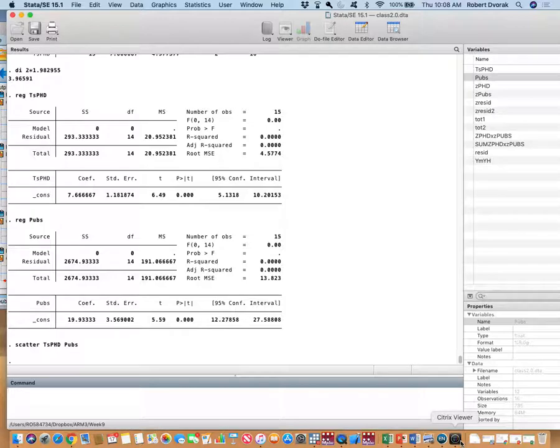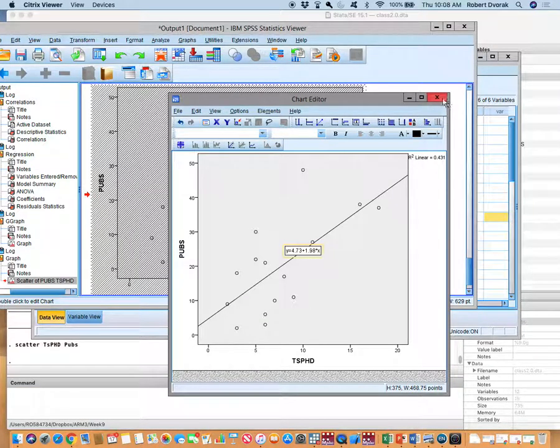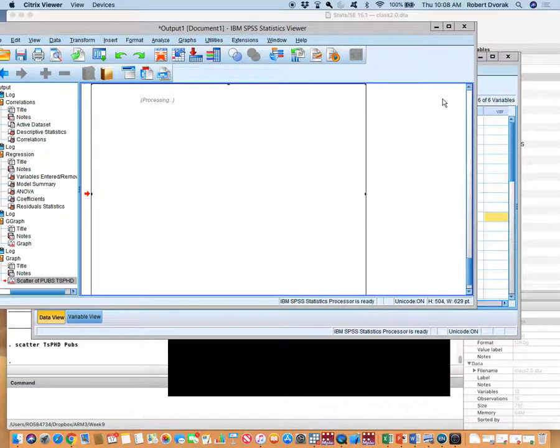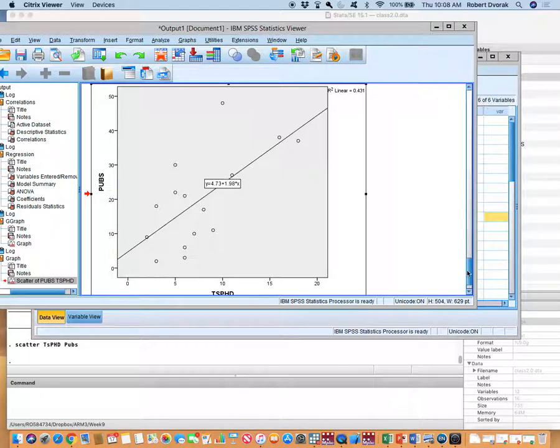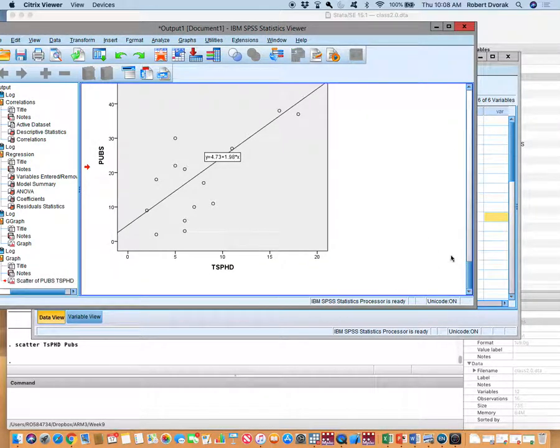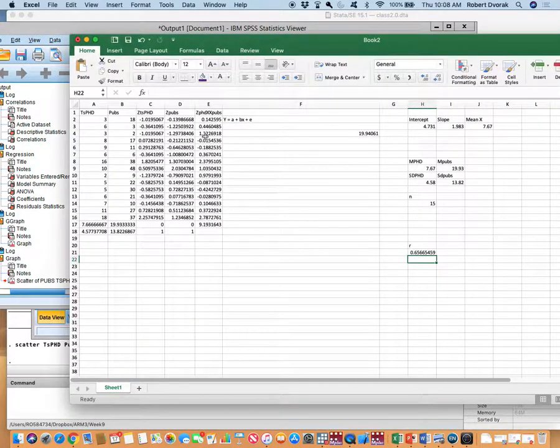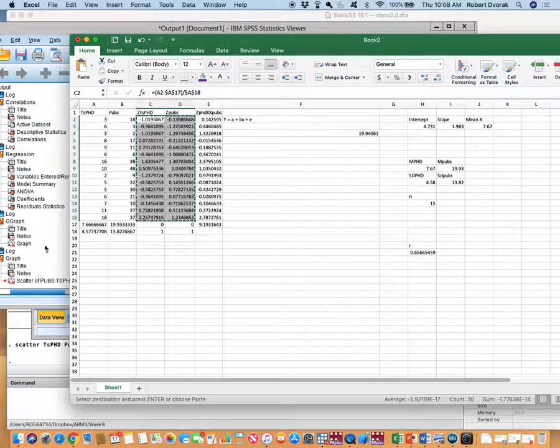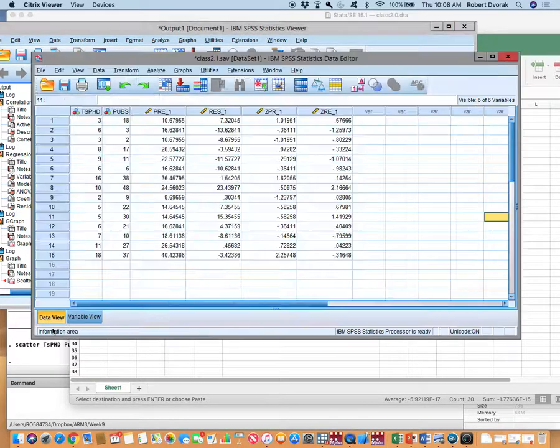Let's go back to SPSS here for a second. Good, that puts that in there. Let's grab our z-scores that we calculated here, and let's just paste those straight into our data here.